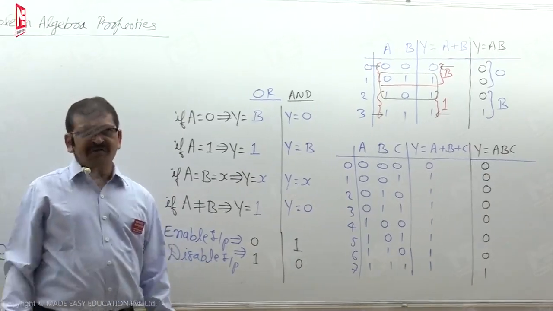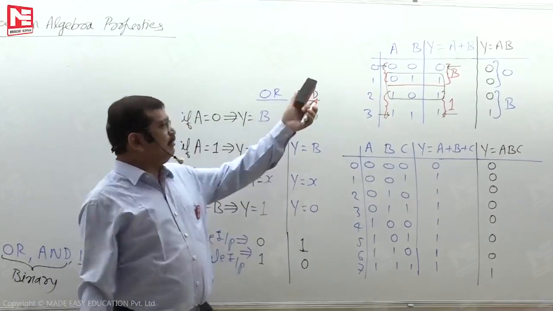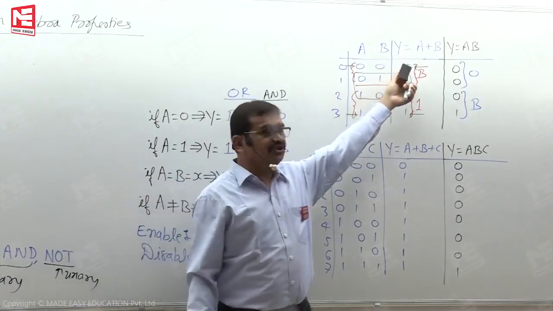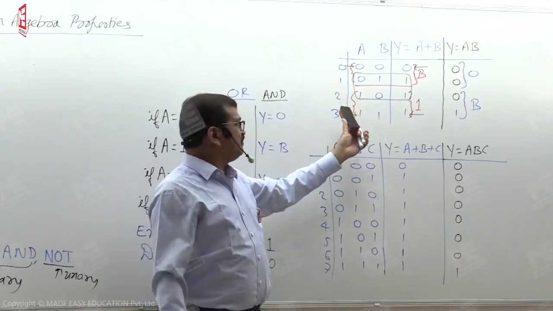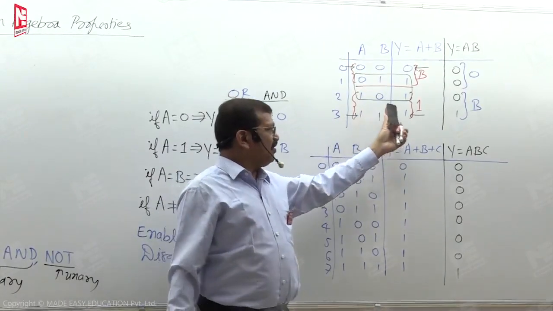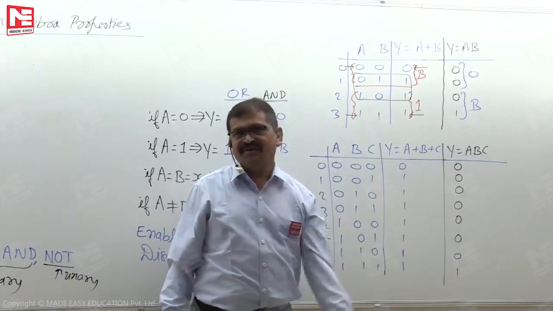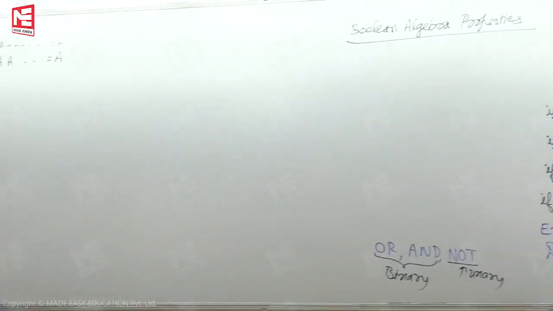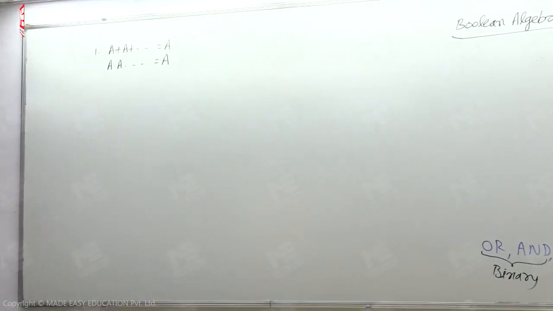A OR with A, if A is 0, it comes to be 0 OR with 0, and any number of times the result is 0. If A is 1, 1 OR with 1, any number of times, is 1. Similarly, the second one we mentioned, A AND with A, any number of times, is A.